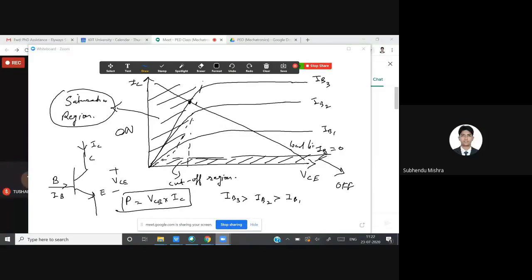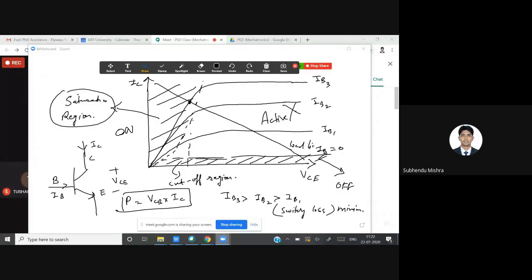Yes, absolutely. The objective of power electronics is to minimize this power. This is the switching loss, so we have to minimize this, and it can be minimized only if we are operating in the saturation region. We cannot operate in this active region.